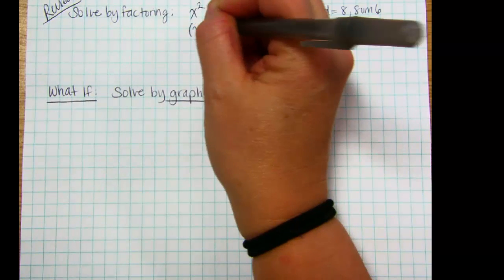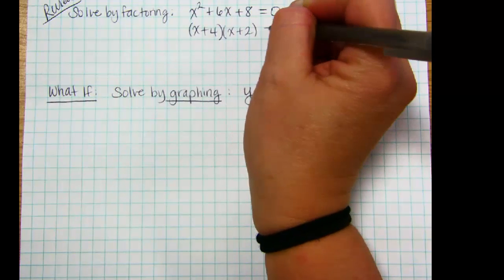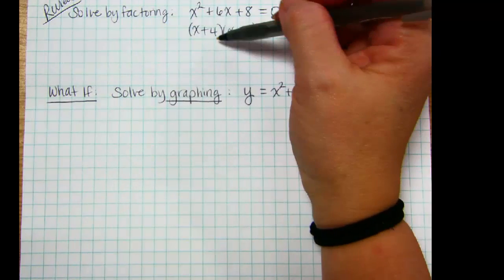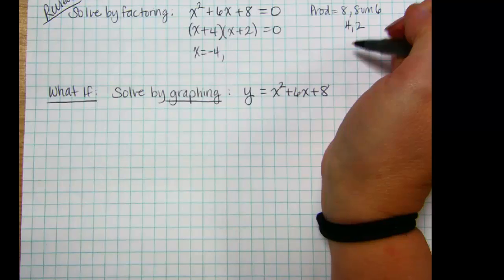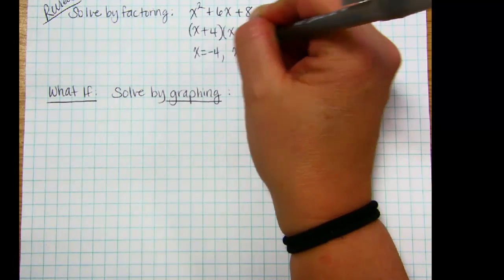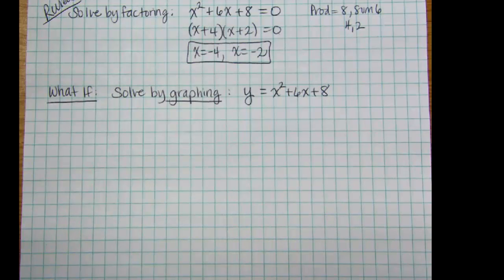And so when I factor, I get x plus 4 and x plus 2. When I set each factor equal to 0, if x plus 4 equals 0, then x is negative 4. And if x plus 2 equals 0, then x is negative 2. Okay. That's what we've done before.